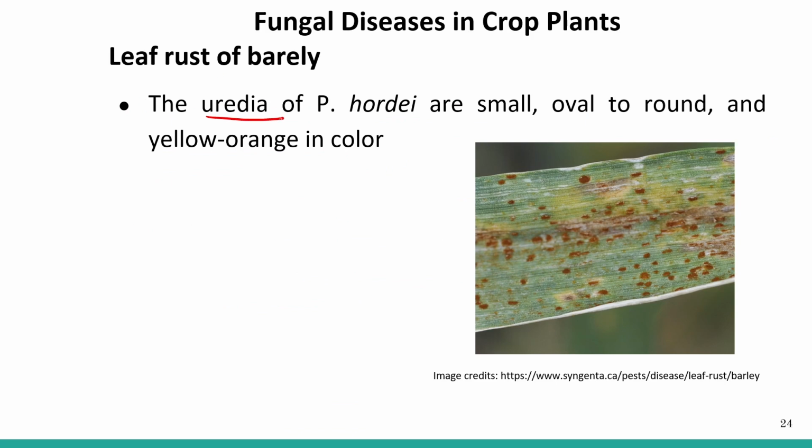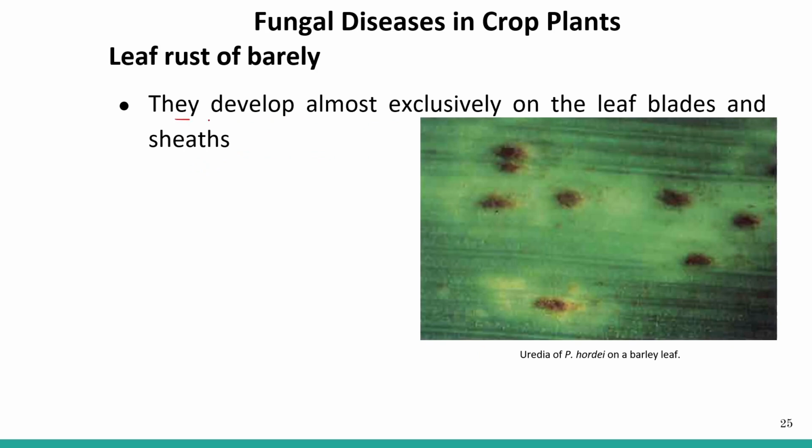The uredia of Puccinia hordei are quite small. Here you can see they are not as big as in the case of wheat. So they are quite small, oval to round and yellow-orange in color. They are not dark brown, but yellow-orange. They develop almost exclusively on the leaf blades and sheaths.